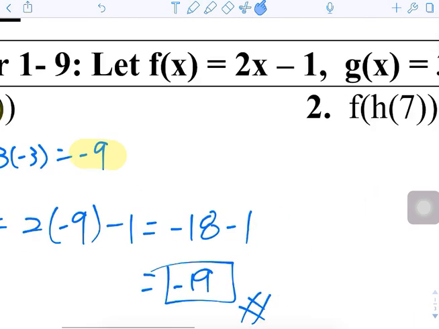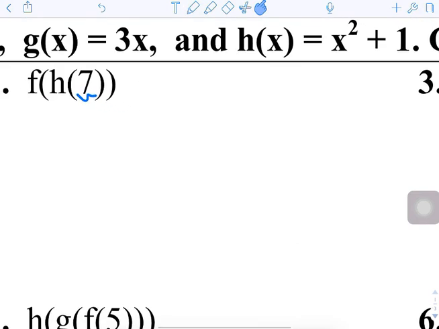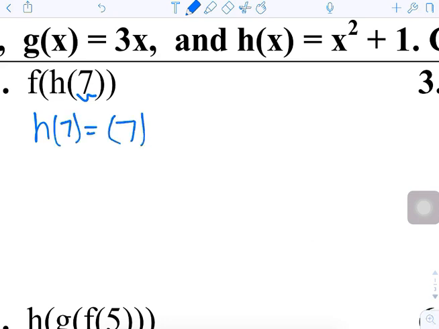Okay, number 2 is fairly easy as well. By the way, feel free to pause at any time if you don't understand something. Number 2, I have 7 inside the h function. So simply, I'm going to replace all the x with 7. So h of 7 will equal 7 squared plus 1, which is 49 plus 1, which is 50.